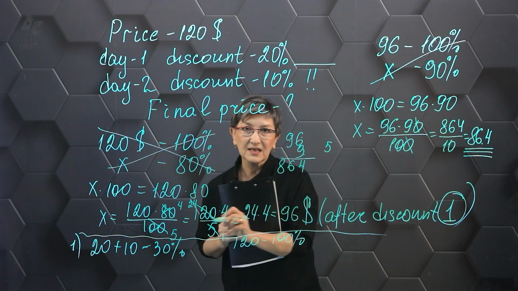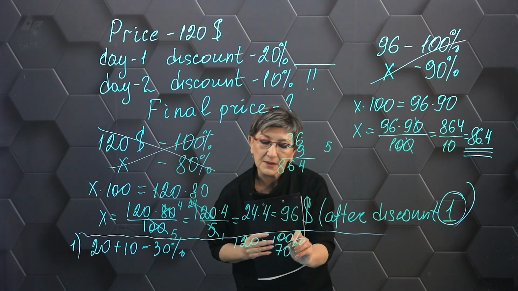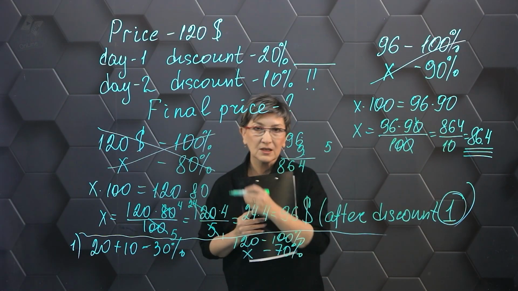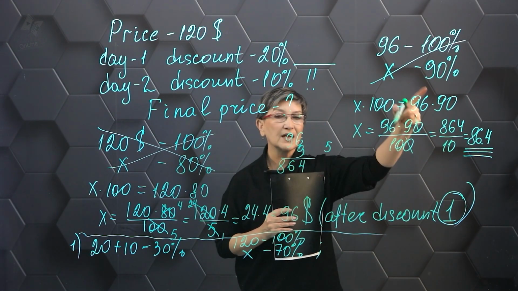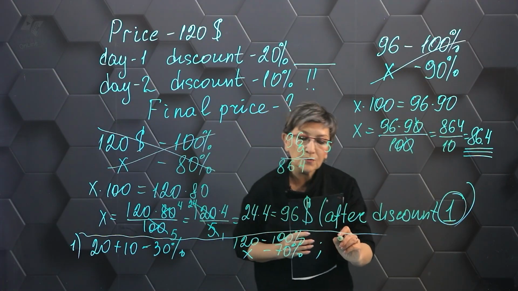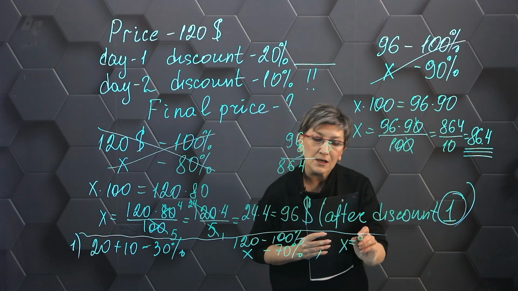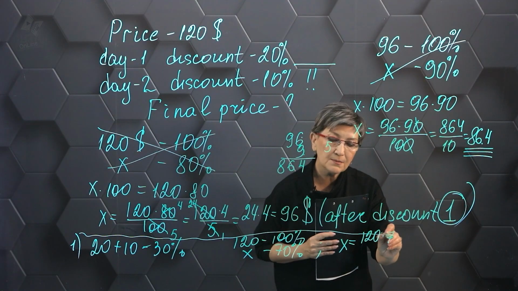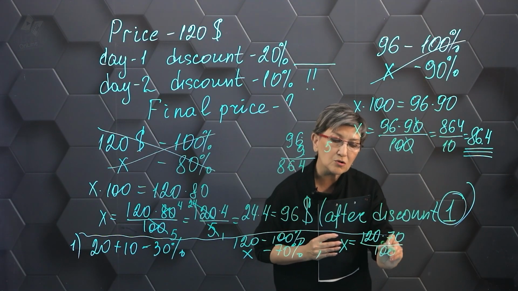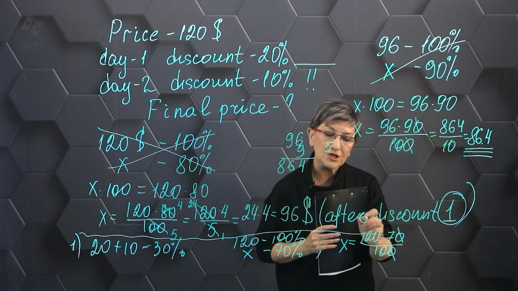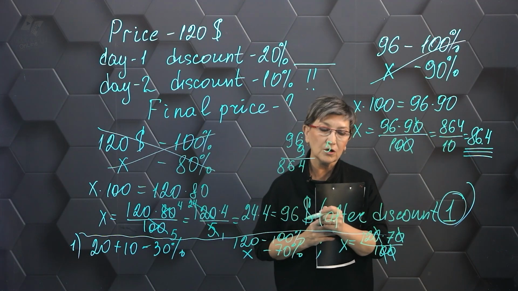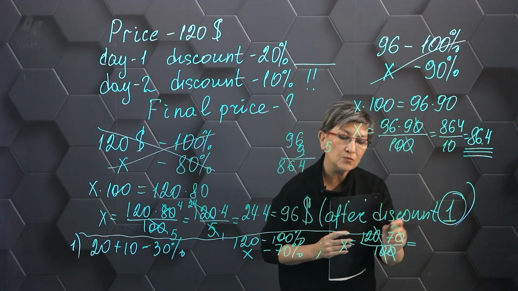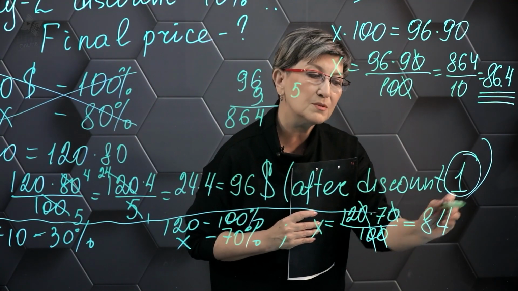And 30% off, that would be 70%. We need to find x. And when I solve by the rule of proportion, I'll have x equals 120 times 70 divided by 100. Zeros and zeros I'm cutting down here too. And then there's 12 times 7 and that's $84.